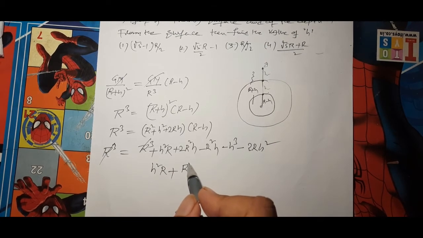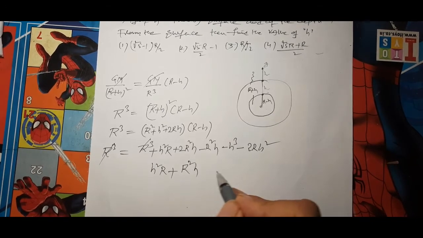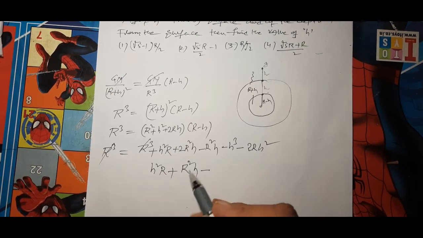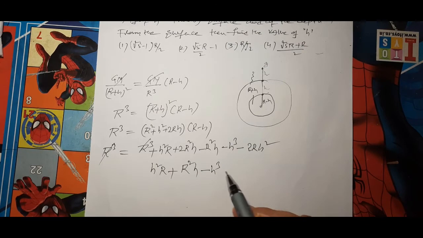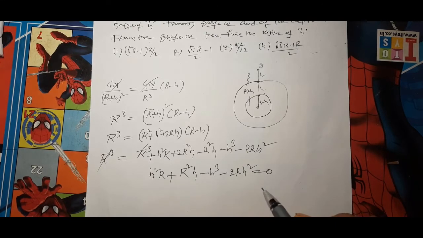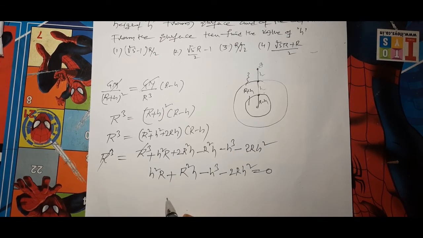So here r square h minus r square h minus h cube minus 2rh square is equal to 0. Right. So what do we take common here?